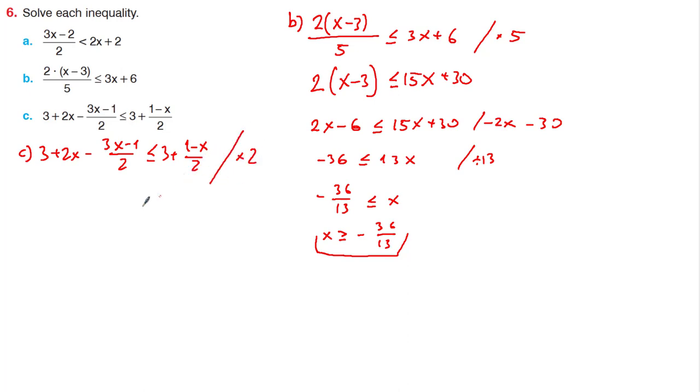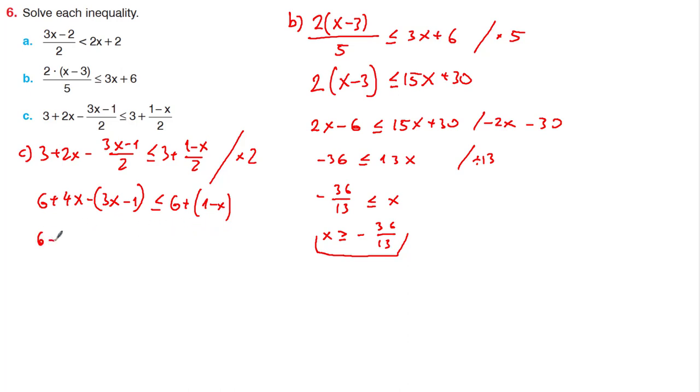If we multiply both sides by 2, we will get 3 times 2, that's 6, plus 2x times 2, that's 4x, minus 3x minus 1. If we leave it like this, it's a mistake because this negative 1 multiplies the whole expression here, so you should put it in brackets, is less than or equal to 6 plus 1 minus x.